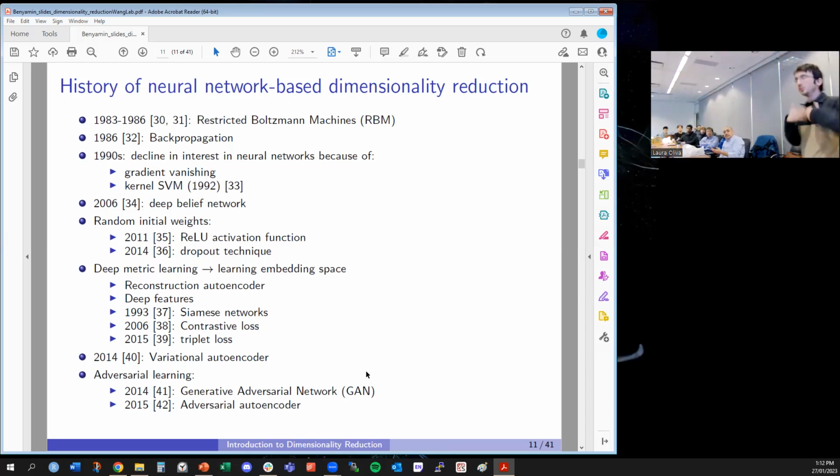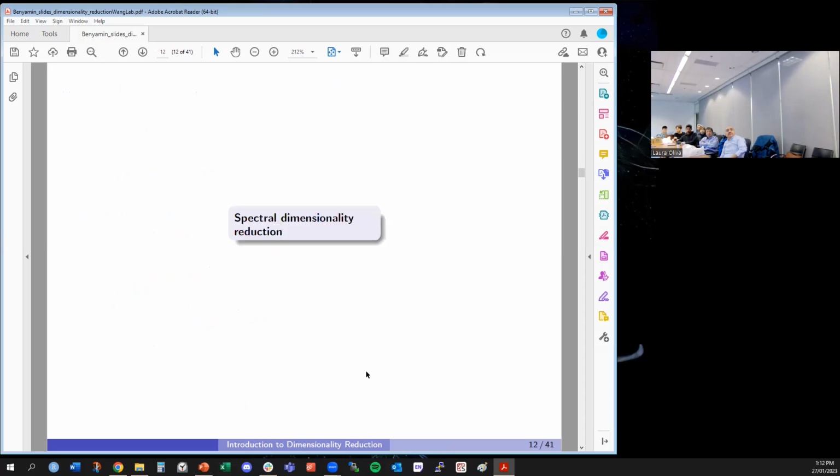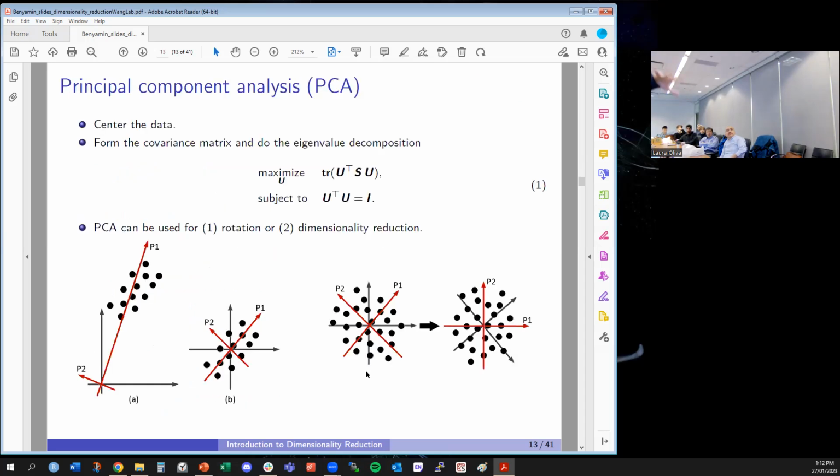They used variational inference in a neural network structure. Adversarial learning was proposed by Goodfellow et al. in 2014, and then the adversarial autoencoder by Maxwell et al. was proposed in 2015. So I go through these briefly.